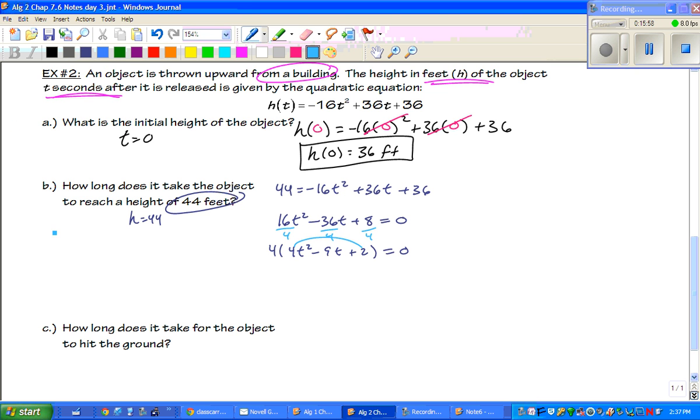We're looking for numbers that multiply to get 8, which are 1 and 8, 2 and 4, and add up to -9. Hopefully you're not thinking too long on that one: -1 and -8. Split it up: 4t squared minus 1t minus 8t plus 2 equals 0.